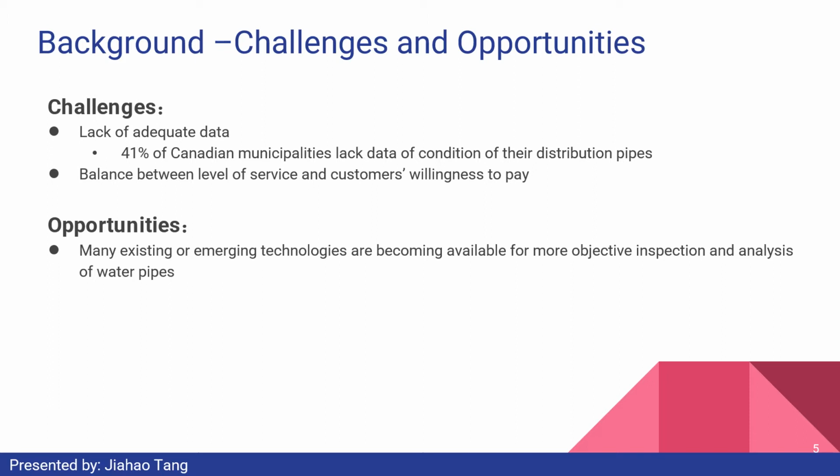However, there are still a large number of challenges and barriers to perform condition assessment. Lack of adequate data is one of the most common and fatal reasons. To be more accurate, around 41% of Canadian municipalities lack data of condition of their distribution pipes.